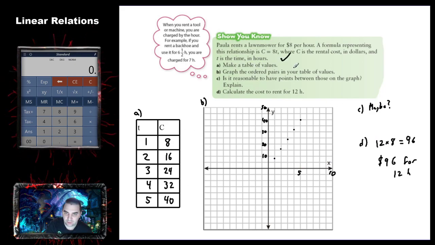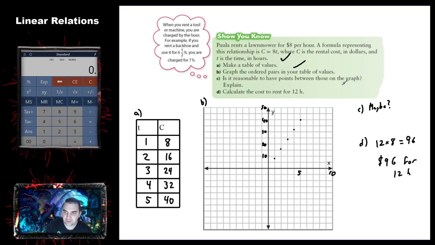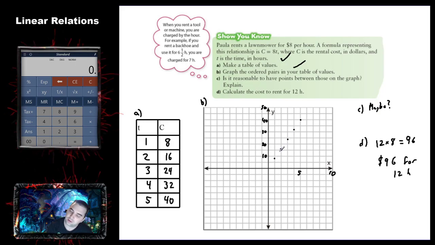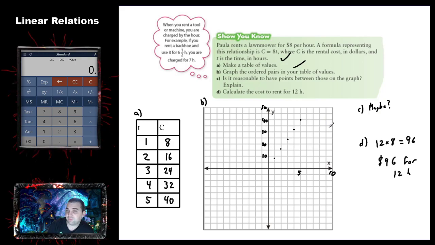Yes, we graphed. Is it reasonable to have points between on the graph? I mean, the thing here is it makes sense logically that you could rent a lawnmower for an hour and a half, for example, or 2 3/4 of an hour. But you're renting it from a business.